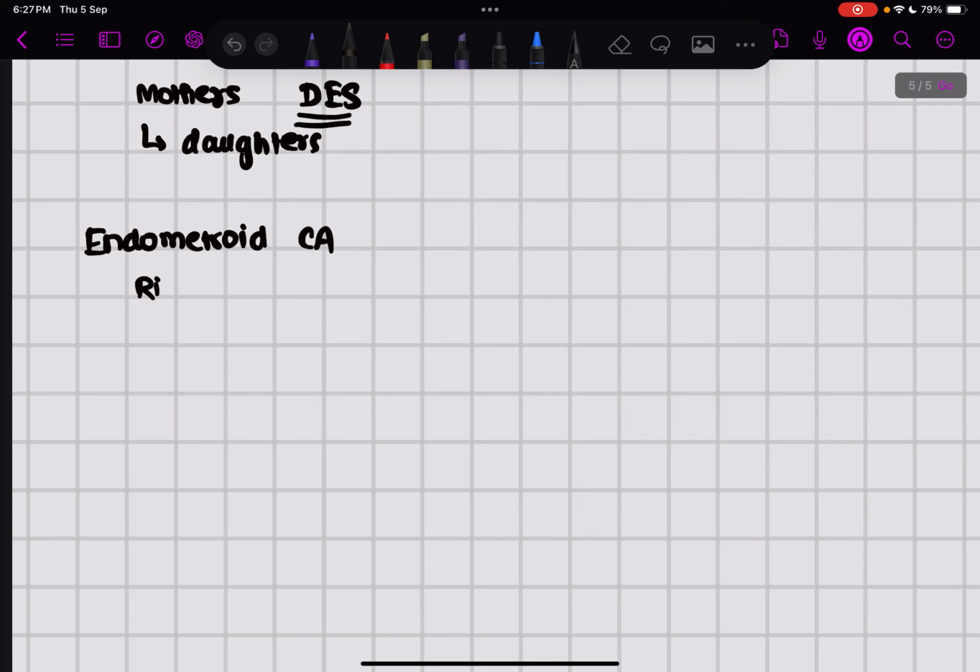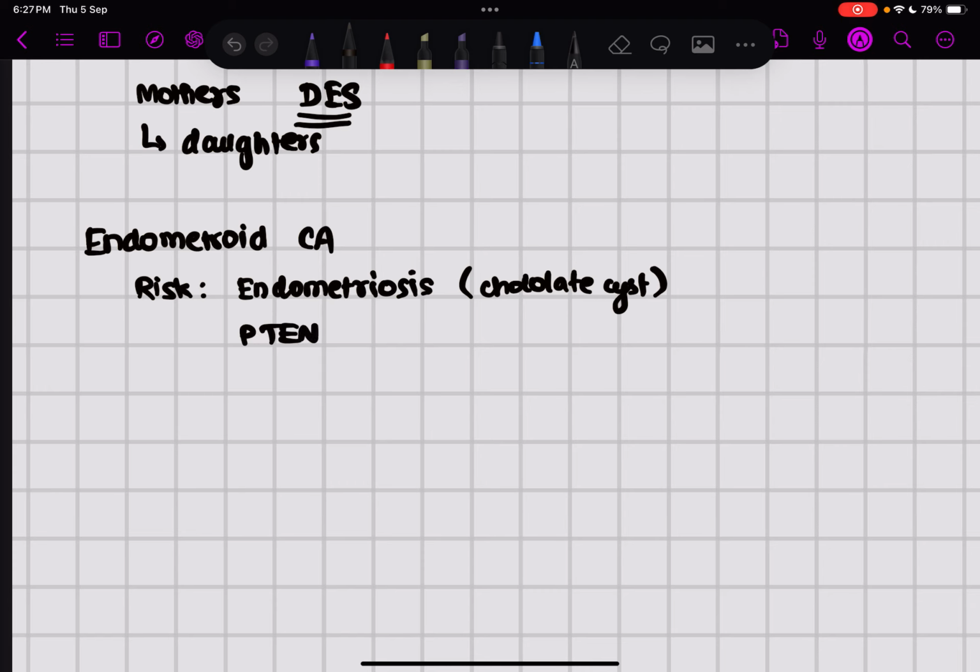The risk factors here are endometriosis, that is nothing but chocolate cyst, PTEN mutation on chromosome 10, and ARID1A gene mutation. With this, surface epithelial tumors get over.